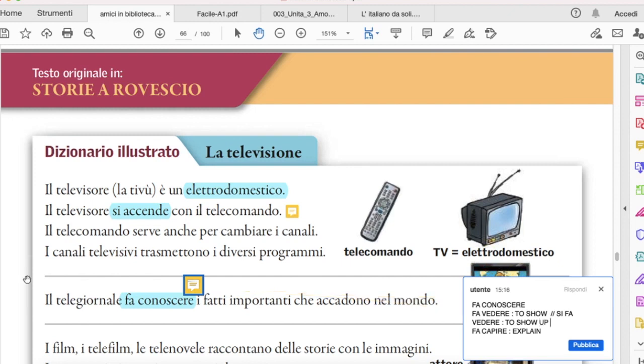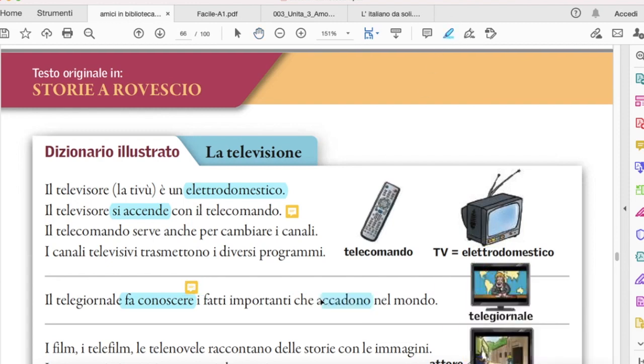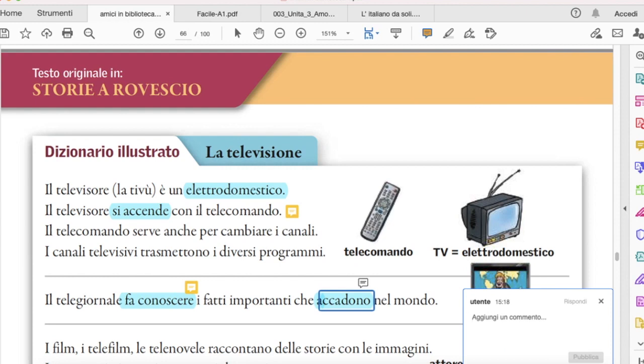Alright, and then accadere is another interesting verb, because accadere, guys, is a very peculiar verb. Accadere is similar to capitare, which is slightly more colloquial. It's also similar to succedere. And we have seen these verbs as verbs similar to piacere, right? And they normally would have indirect pronouns.